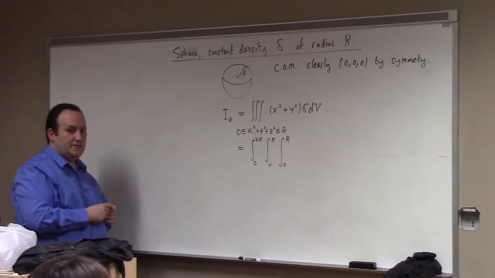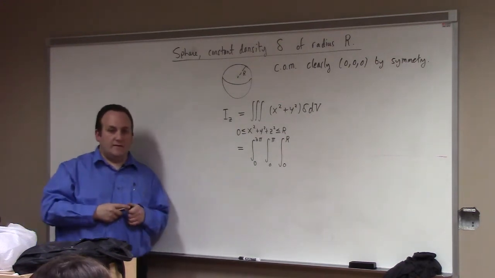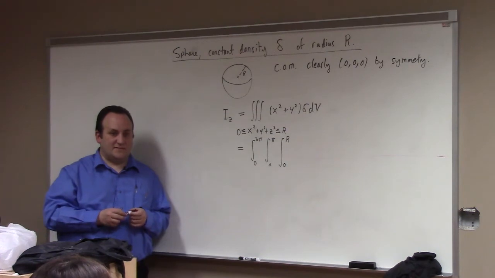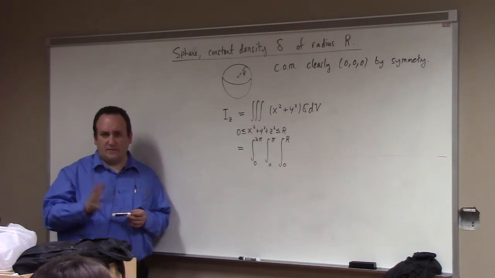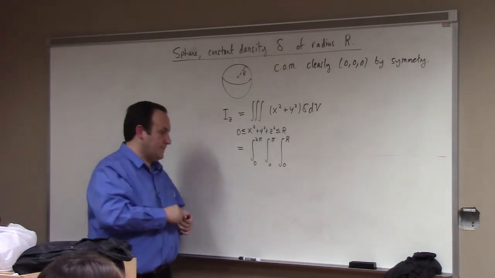A sphere sweeps out the full range of theta, the full range of phi, and the spherical radius is going from 0 to big R, which I'm taking to be a fixed positive constant here. The same is true for your homework problem. I think I have a homework problem where r is a fixed but arbitrary constant for the problem. So the answer probably involves r. Okay.